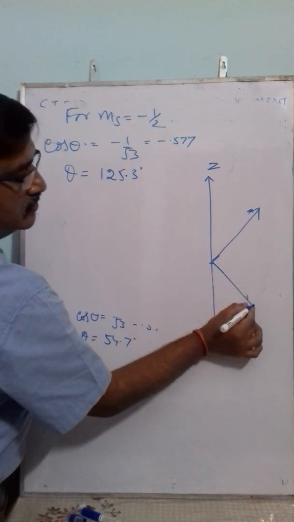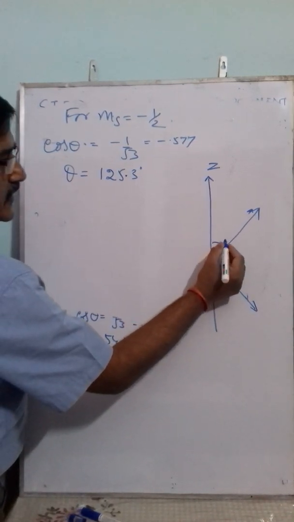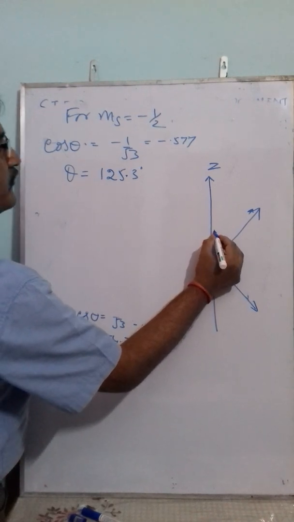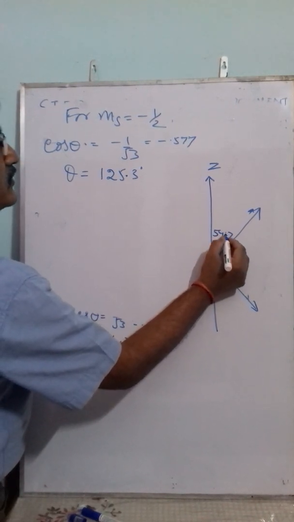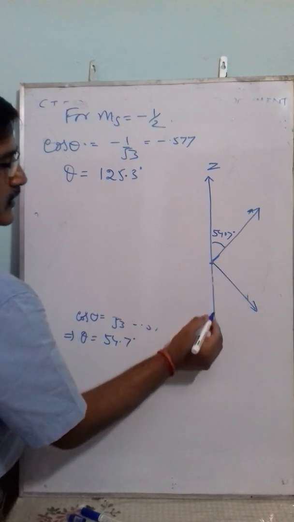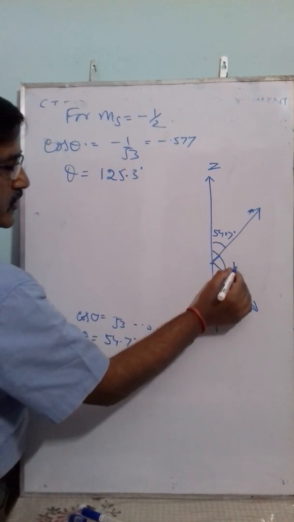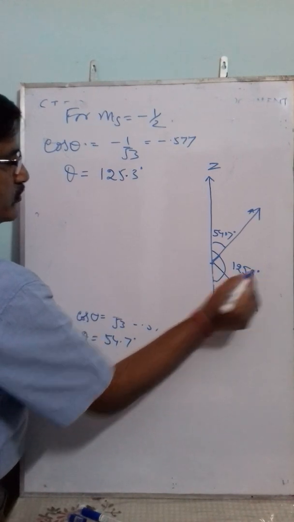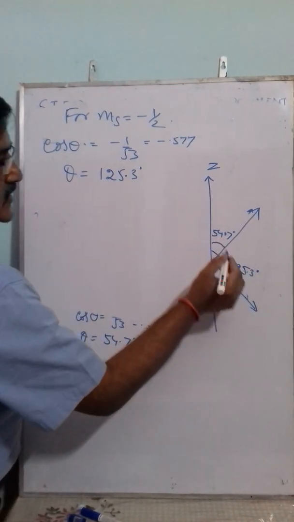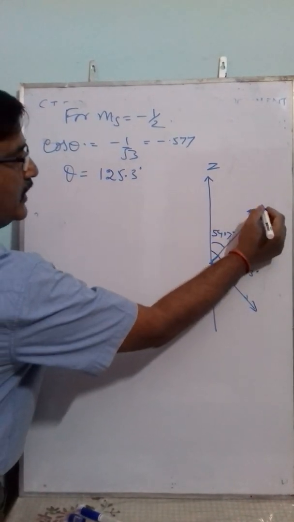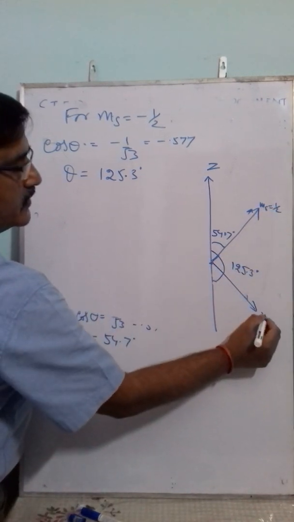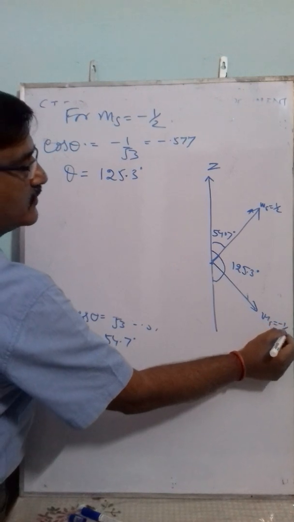This angle is 54.7 degrees, and this angle is 125.3 degrees. Here ms is equal to plus half, and here ms is equal to minus half.